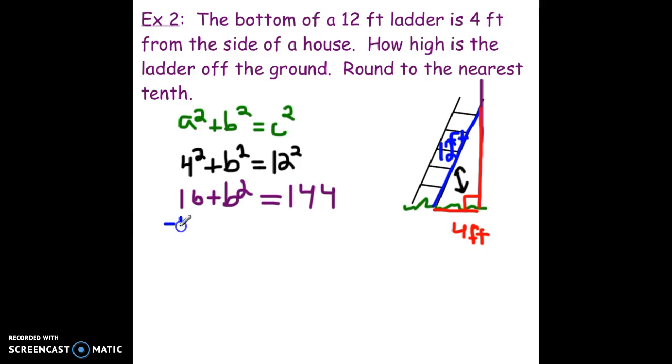Subtract that 16 from each side to isolate B squared. 16 minus 16 is 0, so I'm just left with B squared on the left. 144 minus 16, let's see, 144 minus 14 would be 130, but I'm subtracting 16, so that's 2 more I'm taking away, so that's 128. I don't care what B squared is, so I'm going to take the square root of each side.